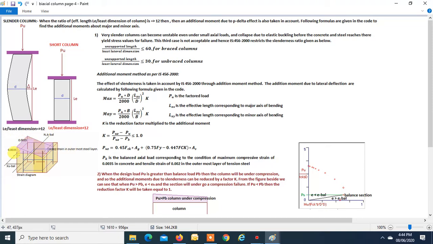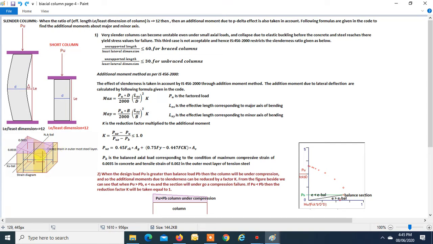At the outermost concrete face under ultimate compression, the strain to be considered is 0.0035, and the strain in the outermost layer of tensile steel is to be considered as 0.002. So this is the outermost tensile steel layer, and over here the strain is considered to be 0.002.